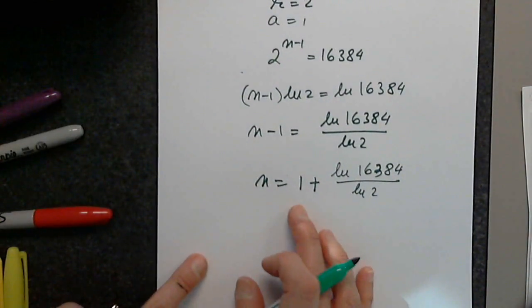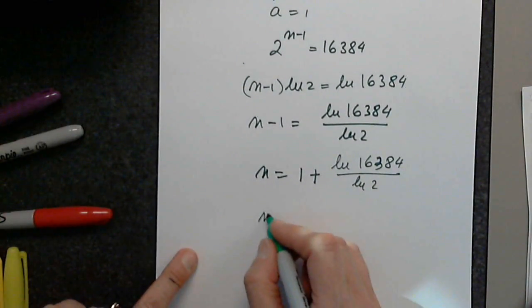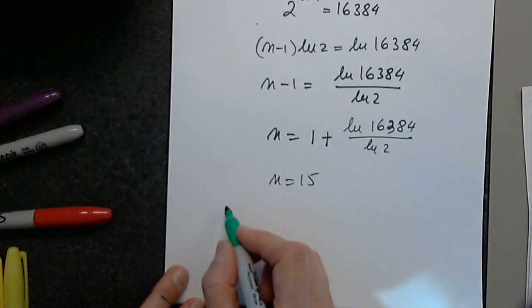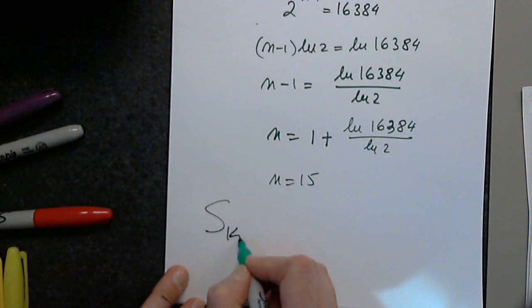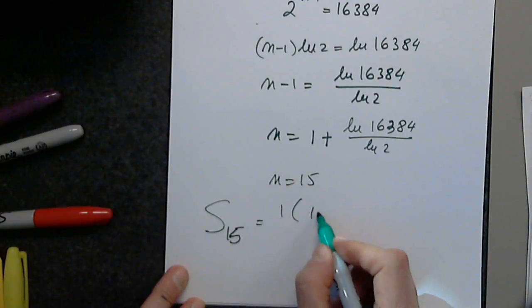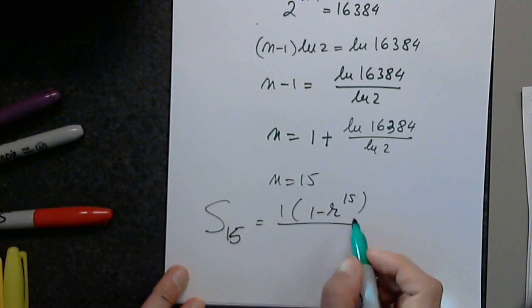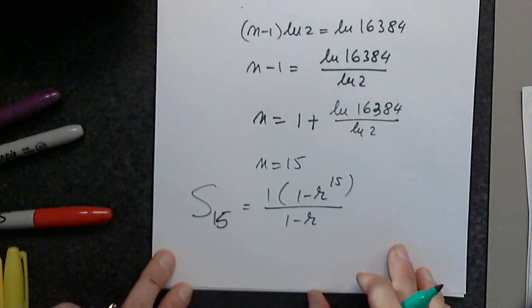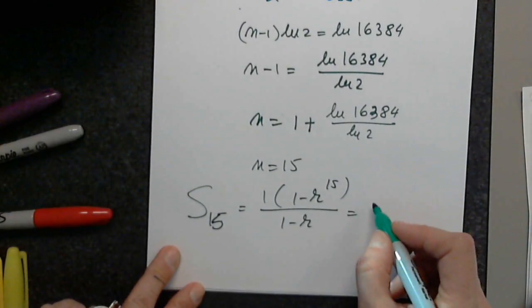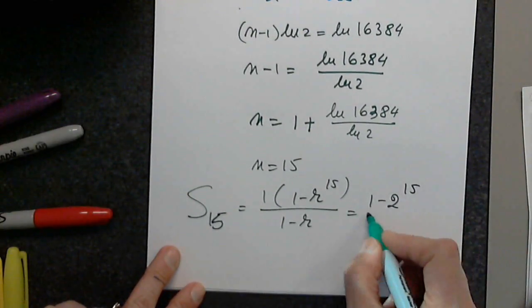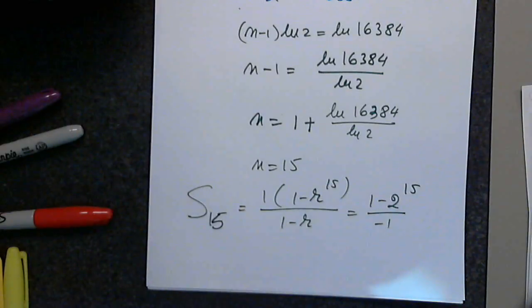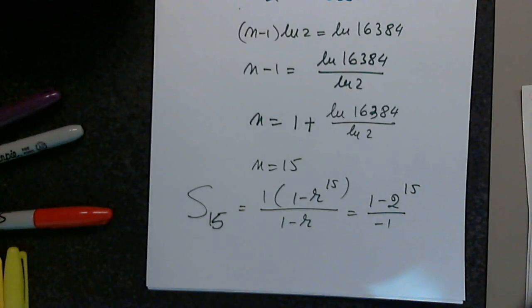So this was 14, and 14 plus 1 is 15. So when we determine S15, we have 1 minus r to the 15th power divided by 1 minus r. So 1 minus 2 to the 15th power divided by negative 1. It would be a positive number. And then we'll check with the graphing calculator.